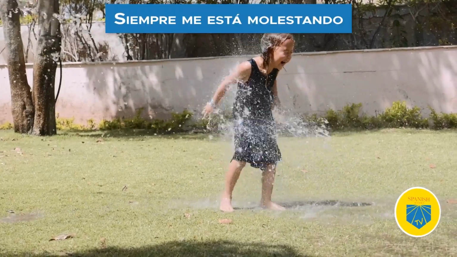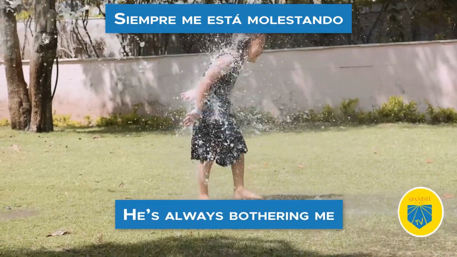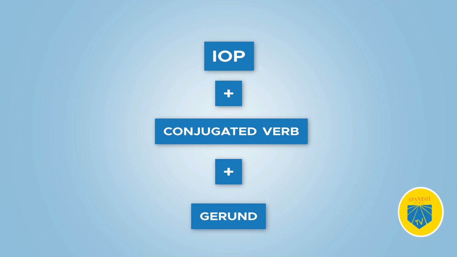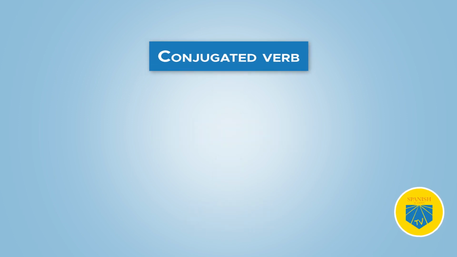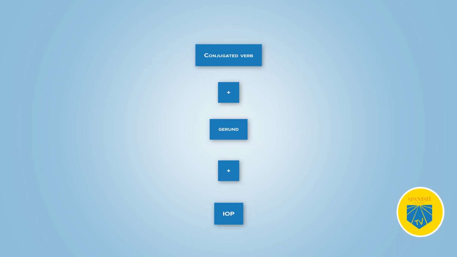Siempre me está molestando. He's always bothering me. And the formula is indirect object pronoun plus conjugated verb plus gerund. Or conjugated verb plus gerund combined with the indirect object pronoun.